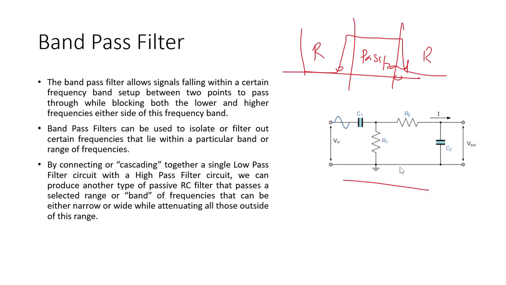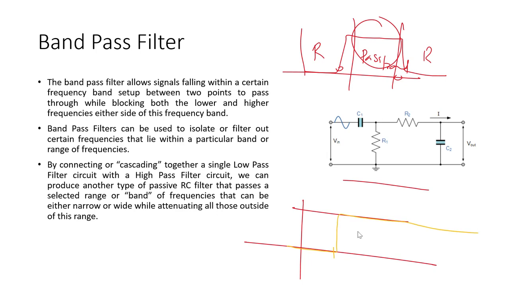First, it should have a high pass filter. Why? Because we want this thing to be passed. So if we have a high pass filter and we have, let's say, this band, what will happen? This thing would be passed by this filter.